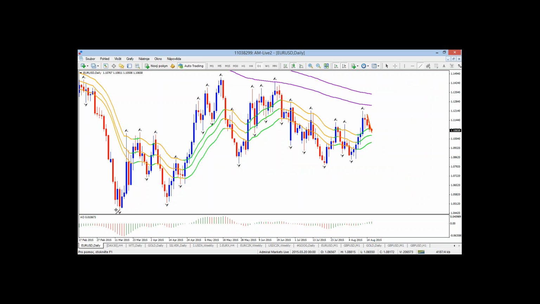Yeah, indeed. Good point. That's a nice trend line. That was a good bounce and a good hook back. Let's see. There was a trend line like this that got broken.